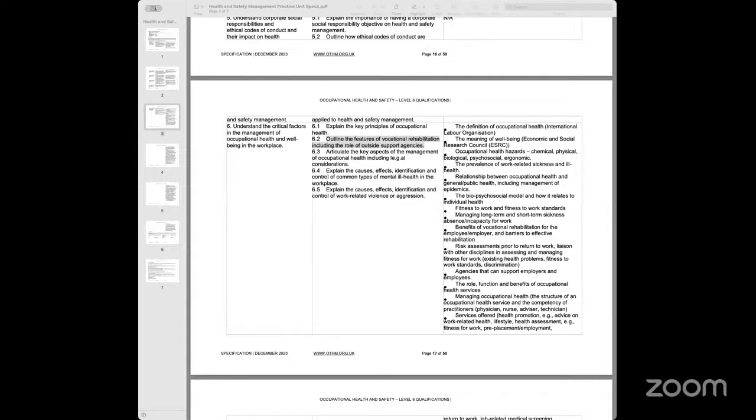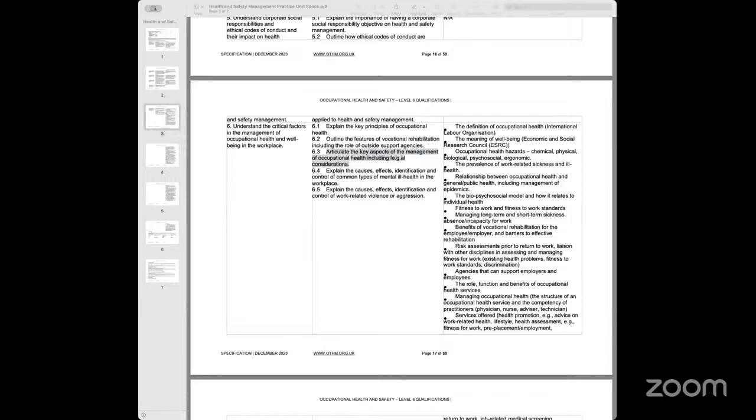So this kind of support is practically provided in most organizations to people if they've had an injury or an incident and are now coming back to work after rehabilitation. What kind of support services can be put in place by the employer to help them successfully get back to work would be essentially covered in this assessment criteria.